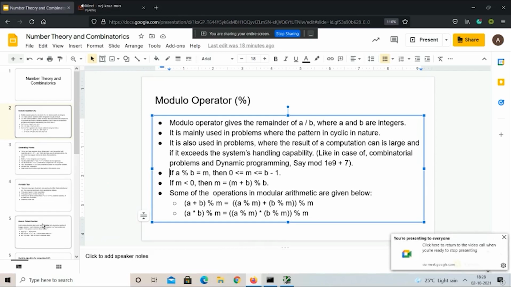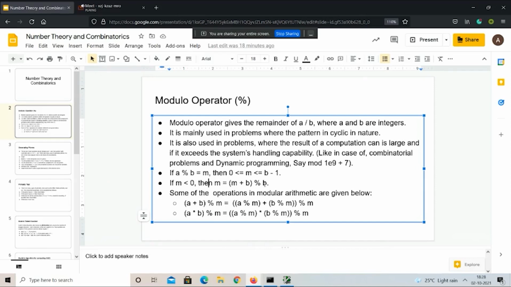Next thing is when you calculate a mod b is equal to m, and suppose a is a negative number. This might be a bit confusing for some of you.